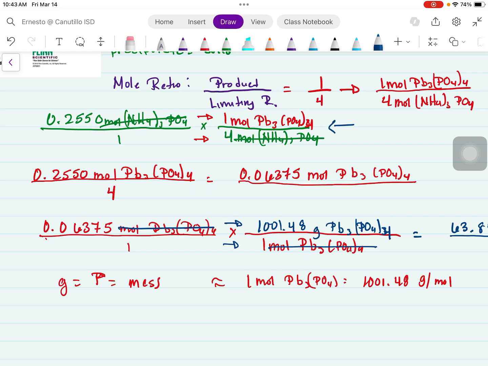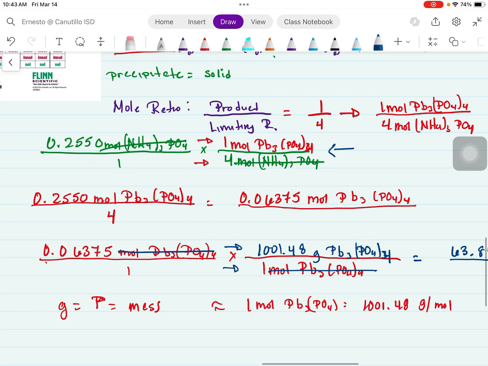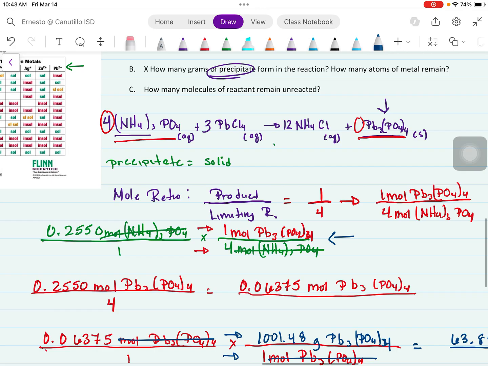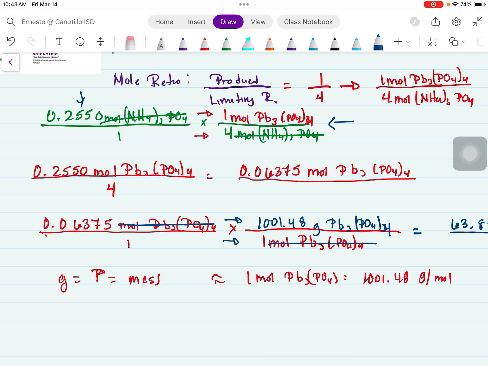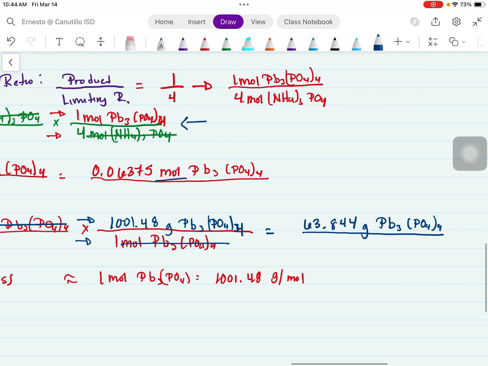We took the starting amount of our ammonium phosphate, multiplied by that mole ratio, and then we ended up with moles of lead 4 phosphate. Once we got the moles, we used the molar mass of the compound, which was 1,001.48 grams per mole, and we converted it to grams of lead 4 phosphate. So now we know how many grams of lead 4 phosphate were formed. Okay?